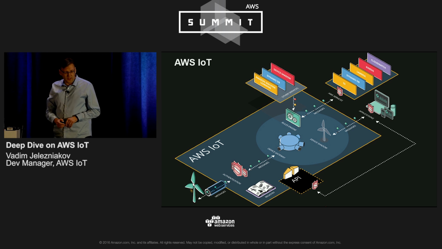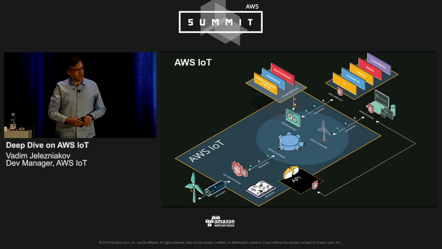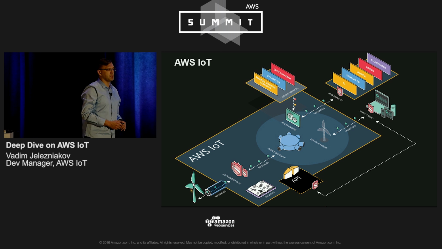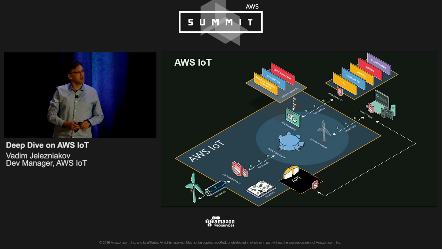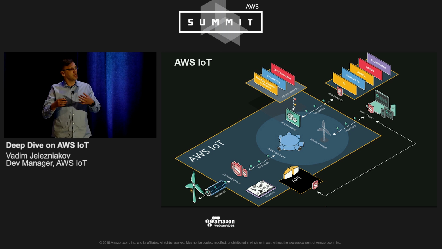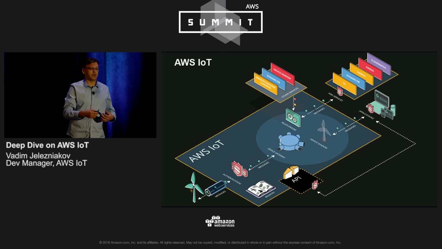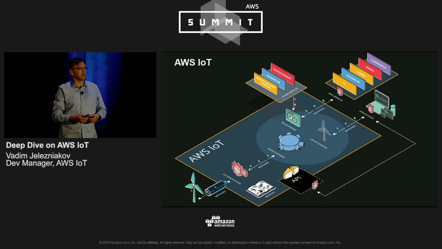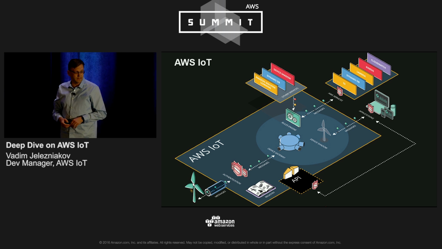Then we have the authentication layer. The IoT platform supports TLS mutual authentication between the devices and the platform, meaning we know which device is connecting to us and which account this device corresponds to. And the device knows that the platform it's connecting to is actually AWS IoT.